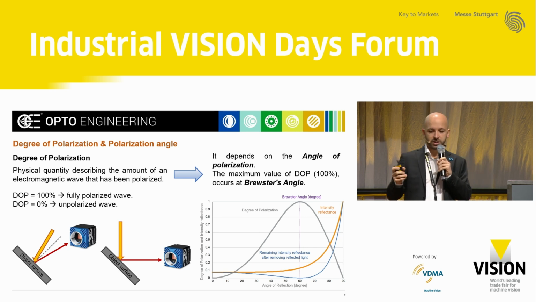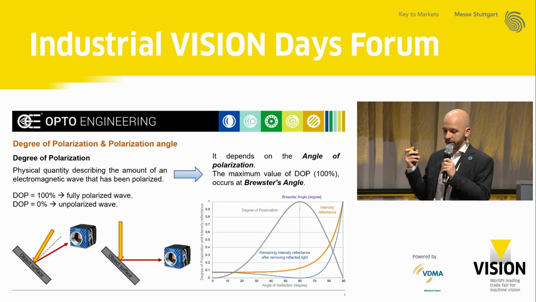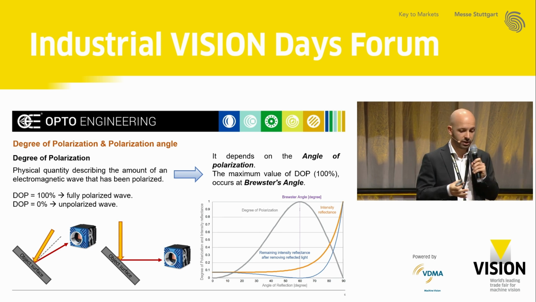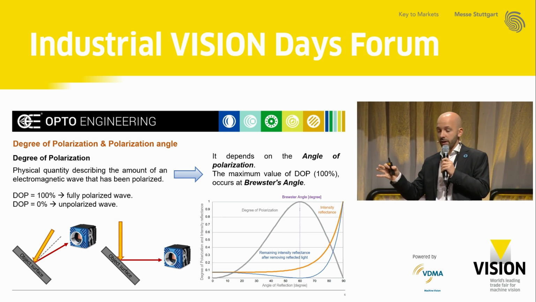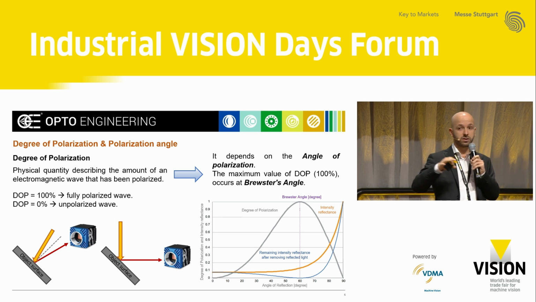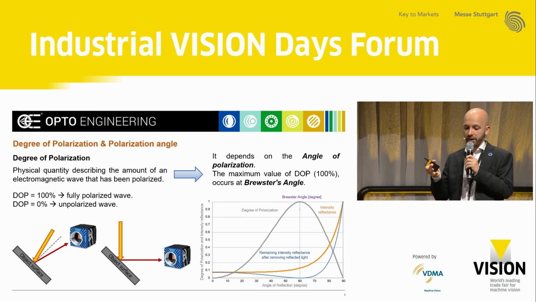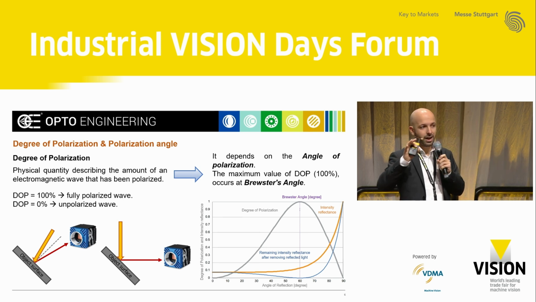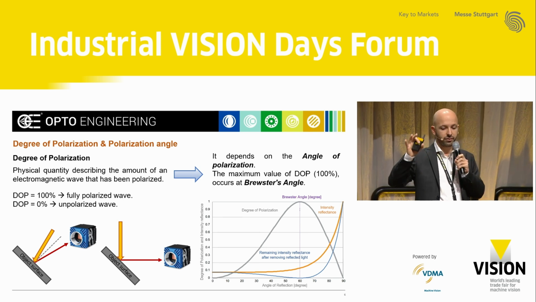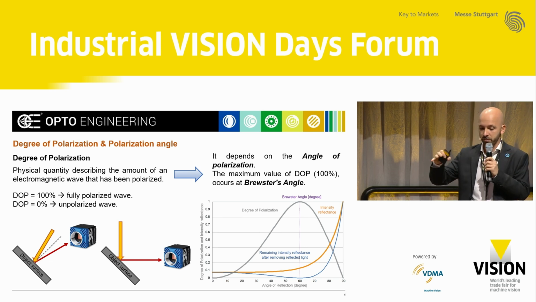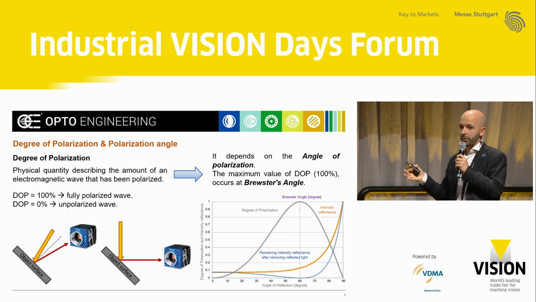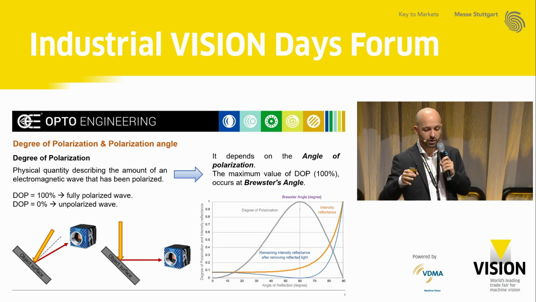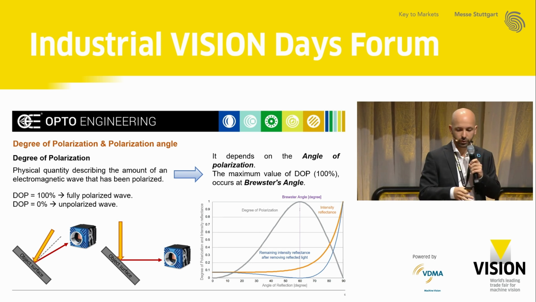Two important physical quantities that are very relevant in polarization: the first is the degree of polarization, the physical quantity that describes the amount of the electric wave that has been polarized. So 100% DOP, degree of polarization, means that we have a fully polarized wave, and 0% means an unpolarized wave, of course.